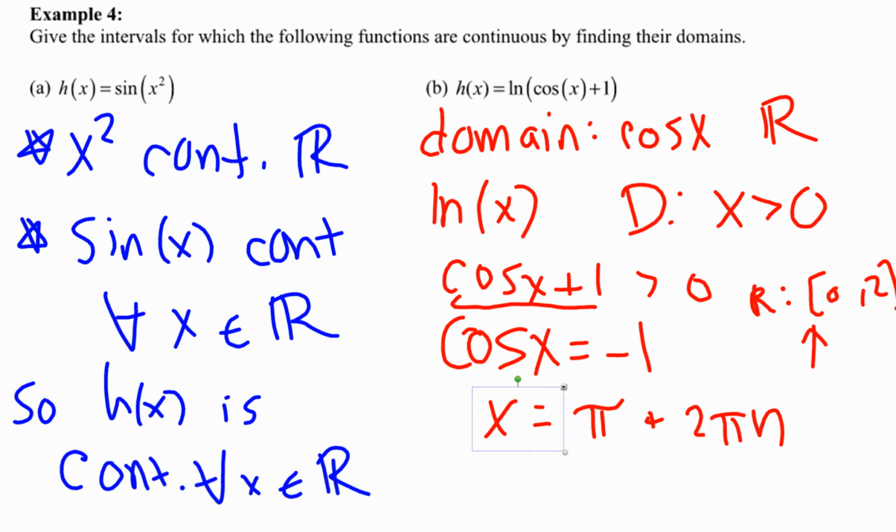So we're finding our domain. We'll say all x not equal to pi or any coterminal angle to pi.